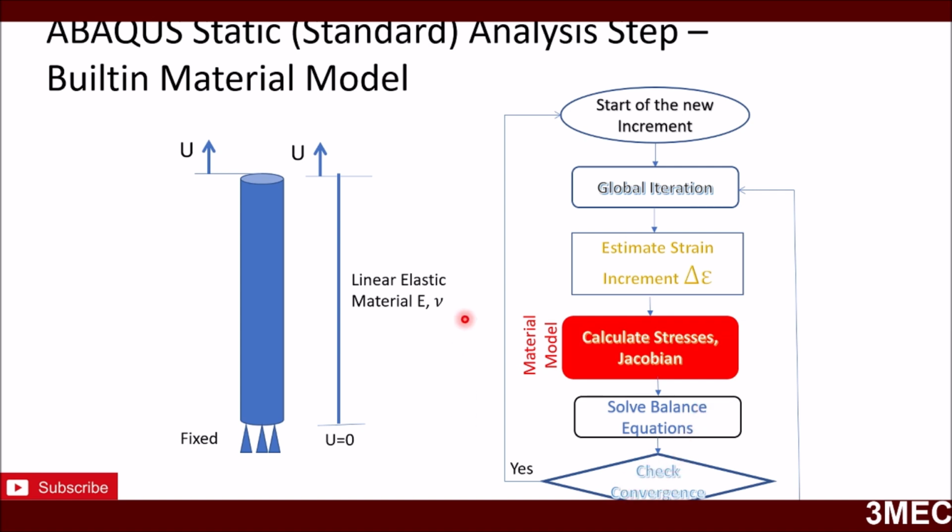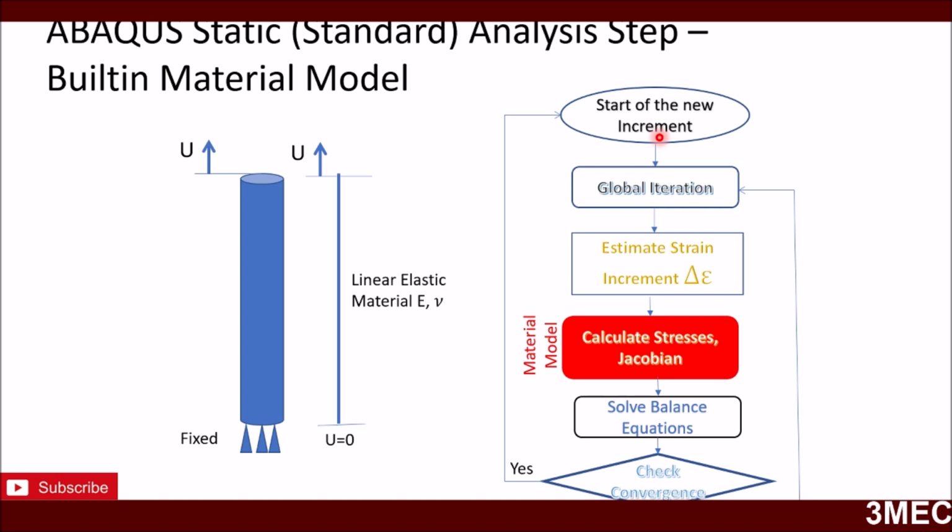If it's converged, then you move to the next increment and it will come back with a new increment of strain depending on the boundary conditions, and do the same thing again and again until you reach the final value of your displacement or the total step time. If it doesn't converge, it goes back and does the global iteration again, maybe reducing the time increments, and keeps doing it until it converges and moves to the next increment. So this is how it works with a typical built-in model.